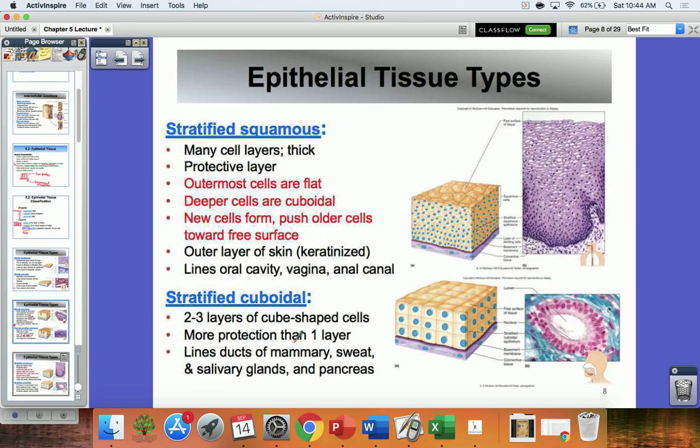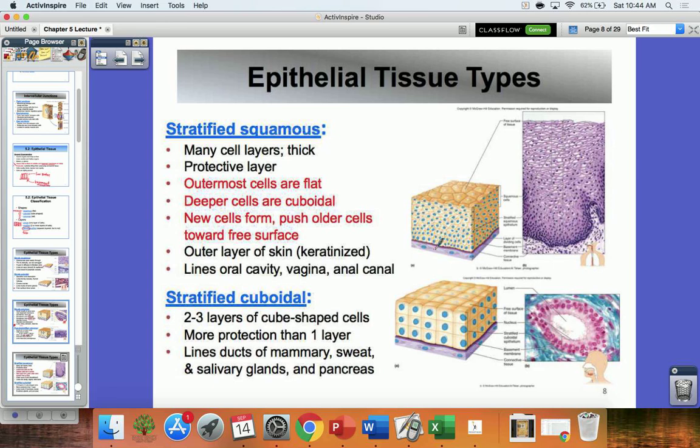The next type of epithelial tissue we have is stratified squamous epithelial. We'll talk a lot more about this one when we get into the next section about the integumentary system. Stratified squamous tells you that it has multiple layers of flat cells. So there are a lot of cells that are stacked on each other, but they're flat.